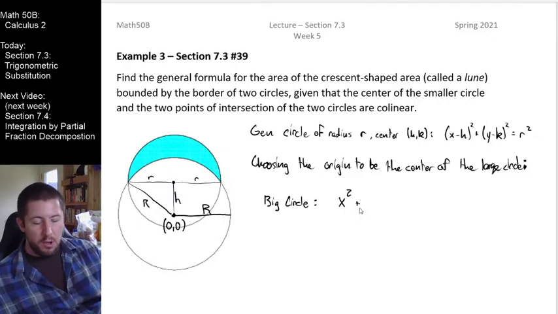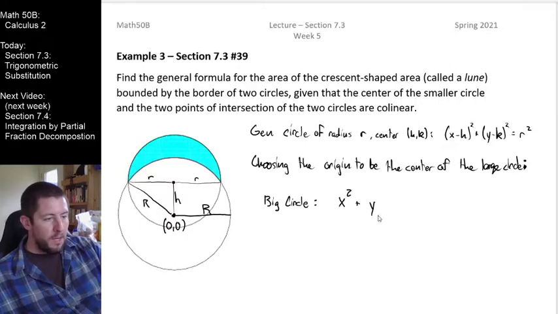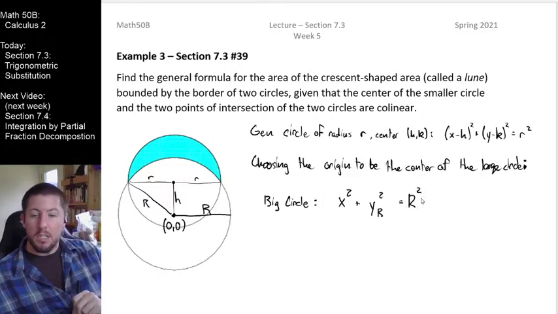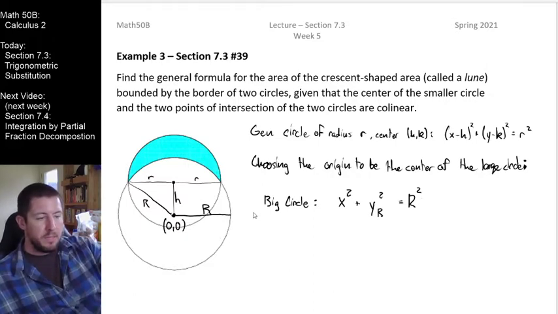To avoid confusion, I'm going to use the subscripts of the little r and the big R that go along with them, right? So we're talking big circle stuff. I'm going to call this y sub capital R squared, and this should be equal to its radius squared, which is that capital R squared right there, right? So I'm just coming up with my own notation, my own coordinate system. I kind of need these things or else I can't make any measurements happen.